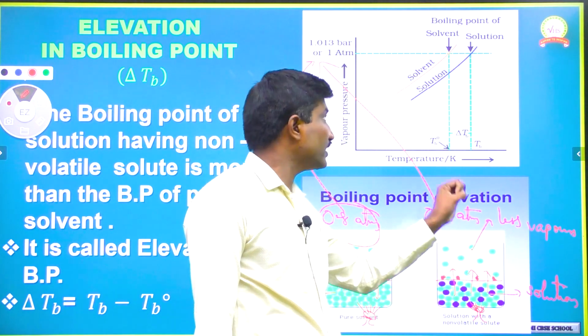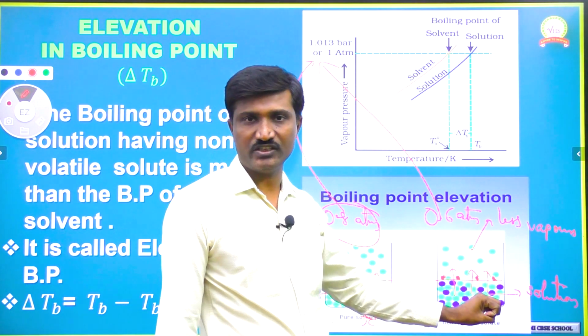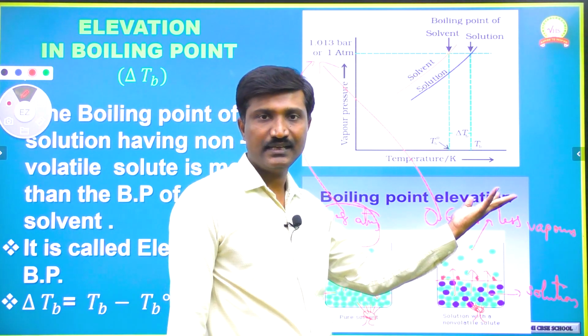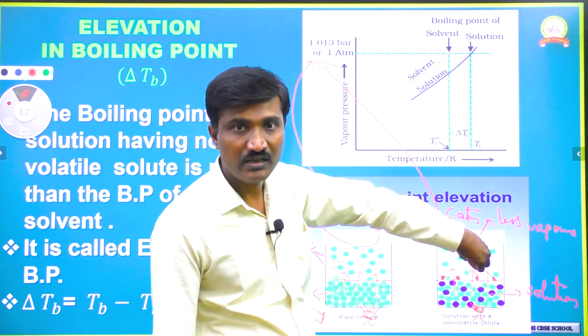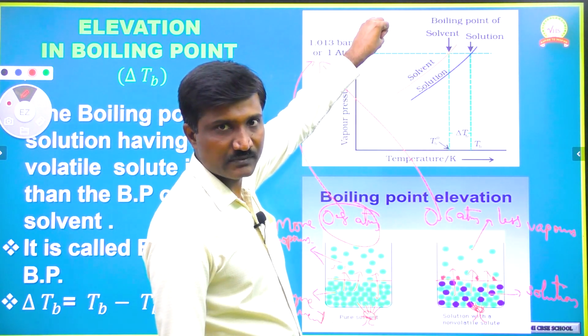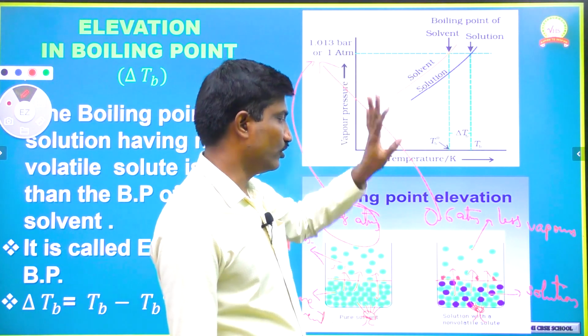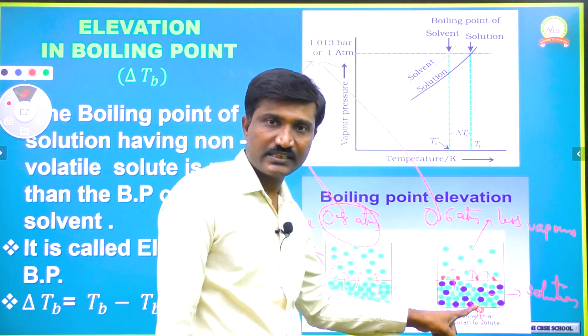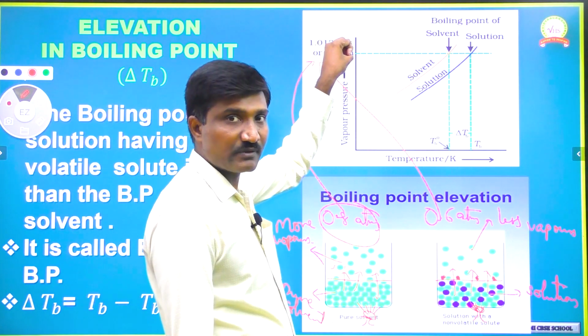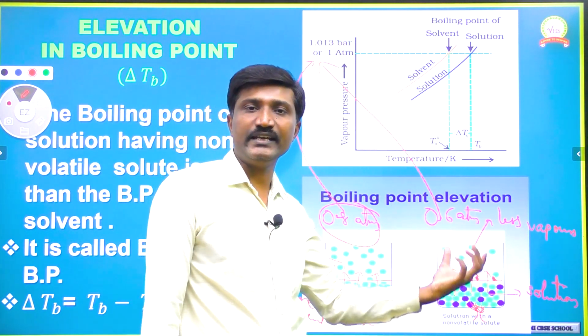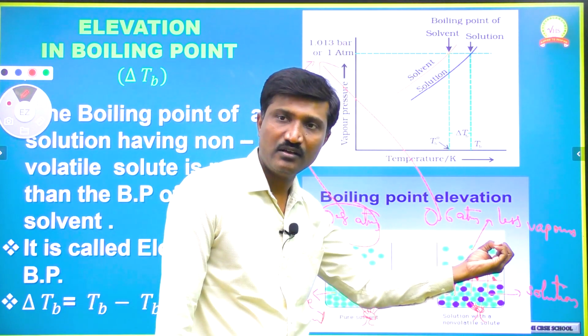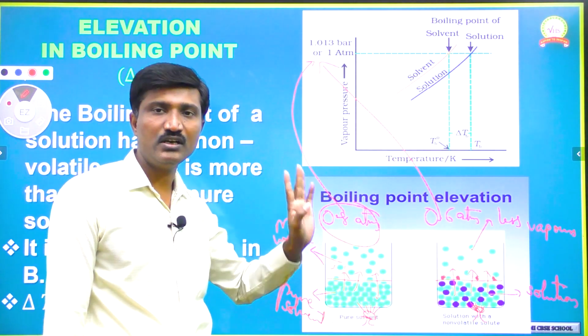It is not equal to the atmospheric pressure at low temperature, so we have to increase further. Then more vapors are formed here, and only then does it reach atmospheric pressure. Understood this point? So in the solution state, to reach atmospheric pressure, we have to increase the temperature further compared to the pure solvent.